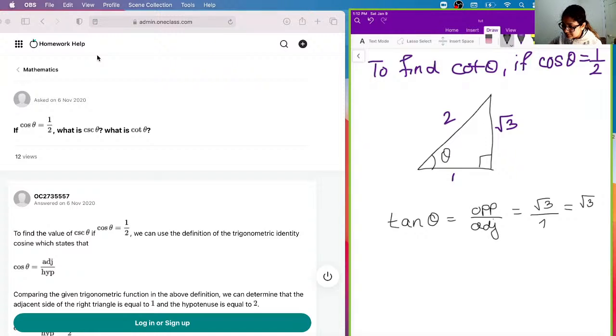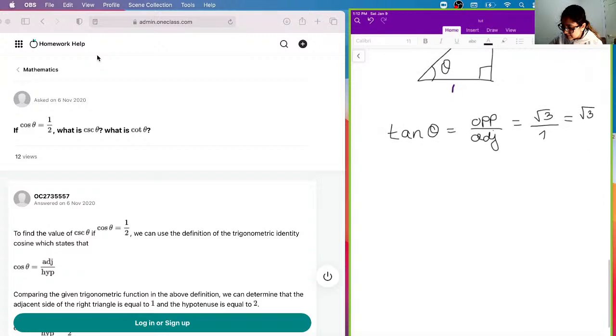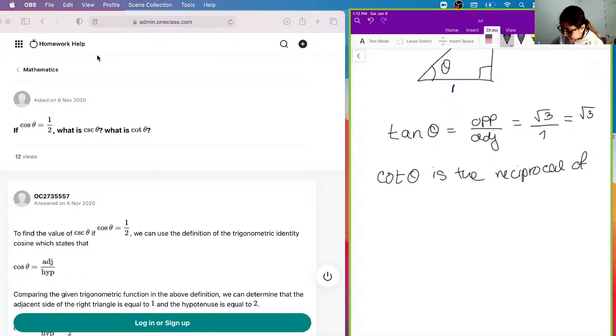And so then, getting the reciprocal of the above expression, we will be able to determine the value of cotangent theta, because as you guys know, cotangent theta is the reciprocal of tan theta.